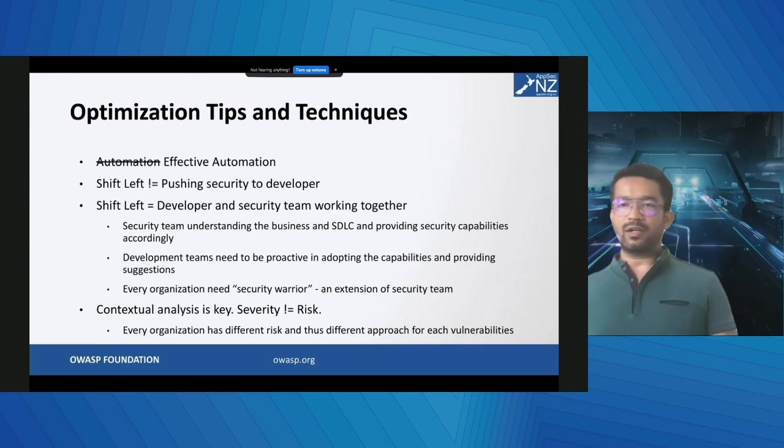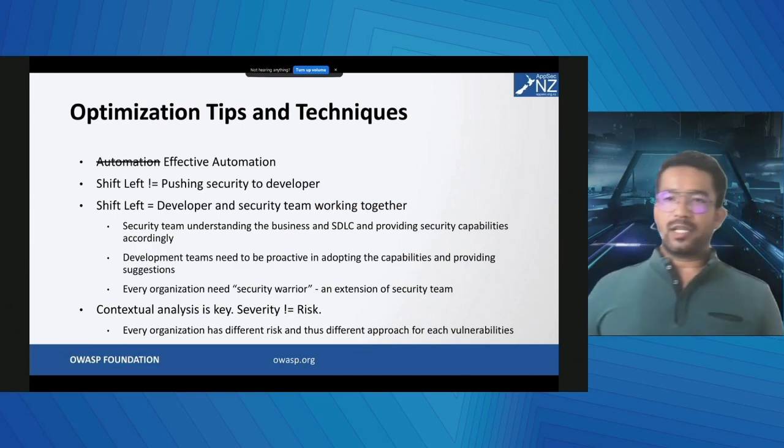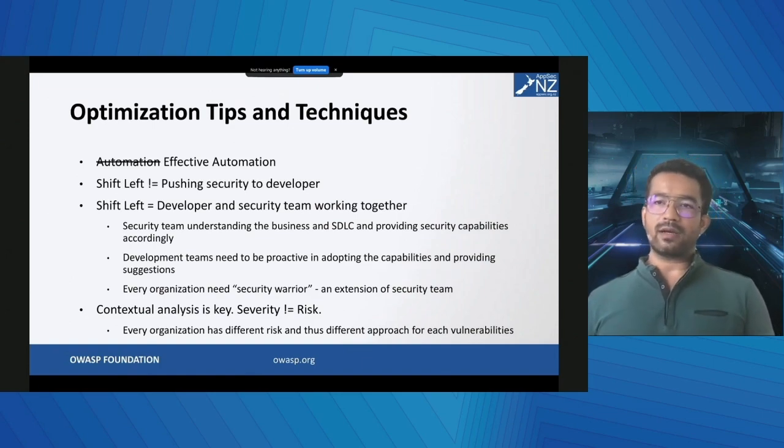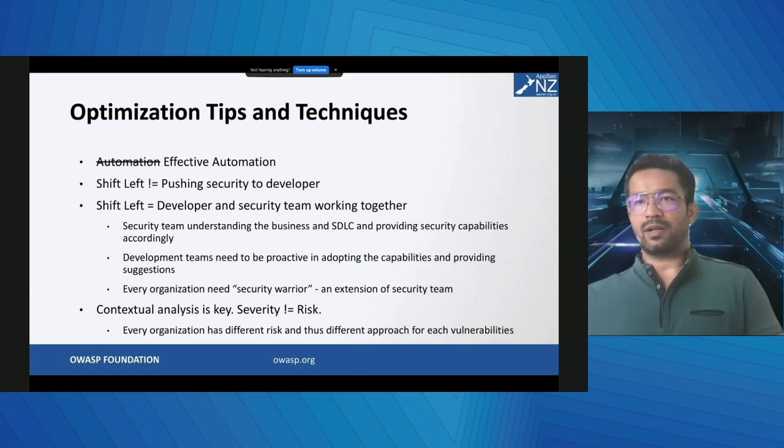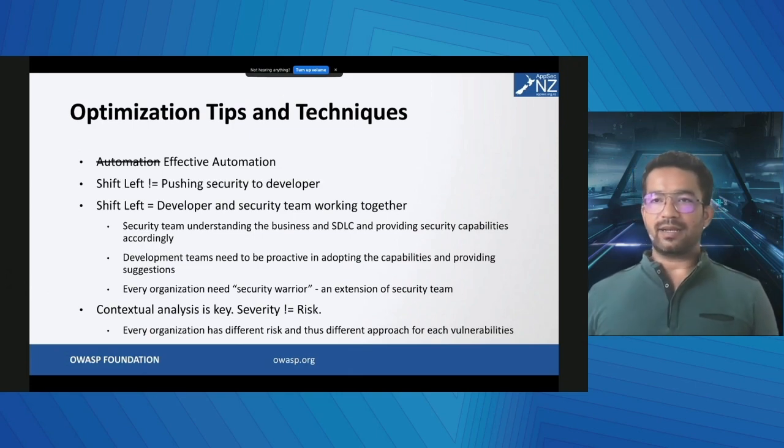Because more often than not, whatever security capabilities the security team is providing, it's more about being part of the development cycle itself. For example, if you want to integrate, let's say, a secret scanning check in the IDE, what it means is that the development team will get a pop-up or something to highlight whenever a secret is identified.